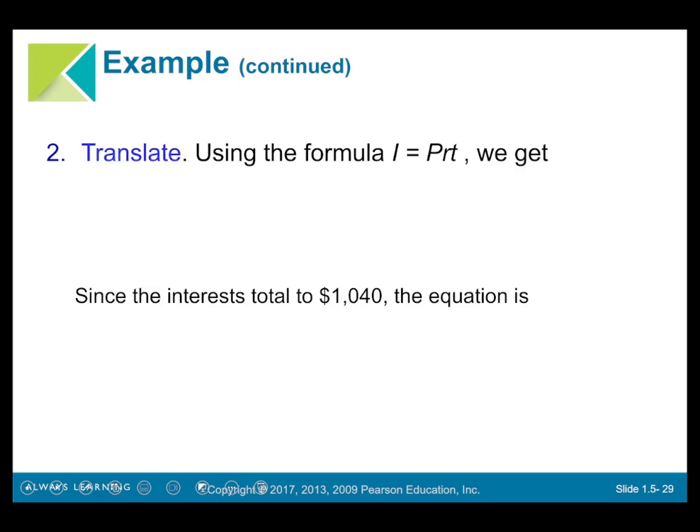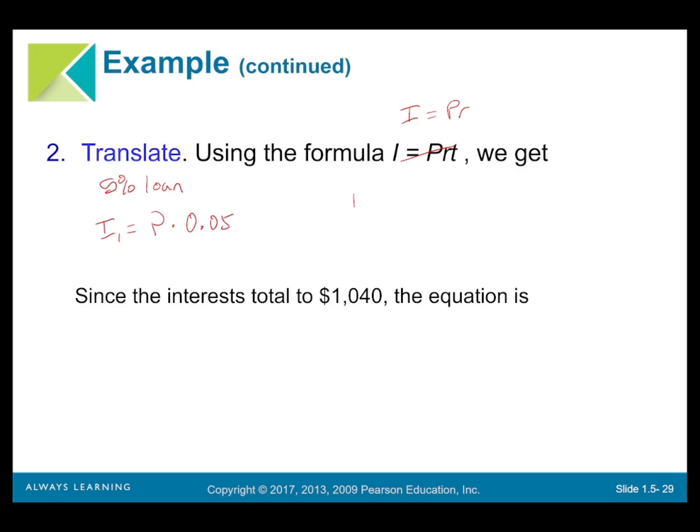Now, let's try to translate it here. Instead of using this, we're really just going to use I equals P times R. Let's focus on the 5% loan first, because the interest here is going to be our principal amount P, because that's the principal amount for the 5% loan, times 0.05. And we'll call that interest 1.